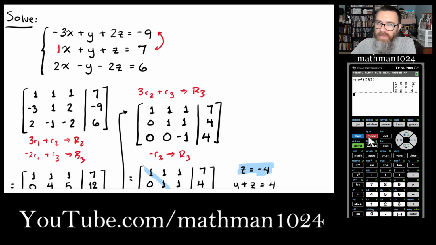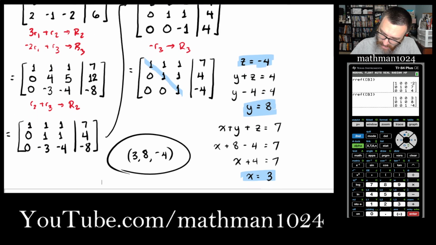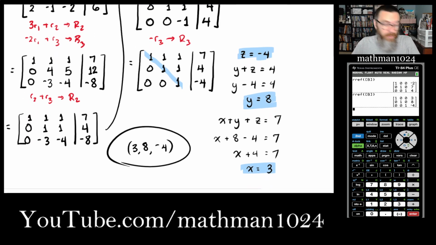All right, we quit out of this. We do second entry, it's got to grab the last entry that we typed. And now it tells me this: 3, 8, negative 4. And what did we have? 3, 8, negative 4. There you go.